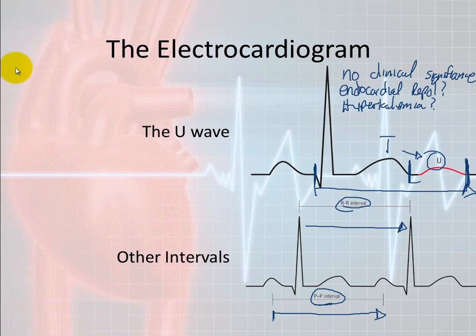Many, many years ago, whenever they were first doing all of this research into the electrocardiogram, and this was actually about the time of Willem Einthoven, and a little bit before his time too, a lot of the people who were doing this research were not just physicians, they were also mathematicians.